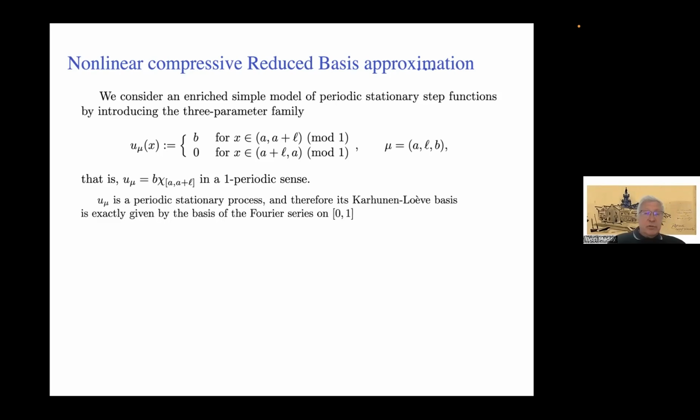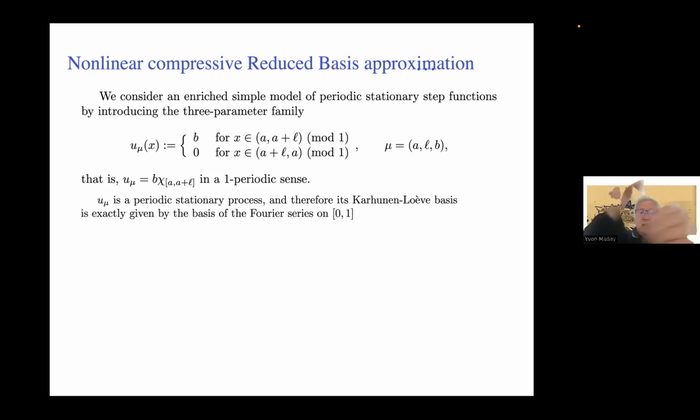So let's simplify the analysis. For this set of functions, when a, the length l of the step function, and the value b of the step function when it is not equal to 0 vary, then this set of functions can be well approximated in a Fourier series.